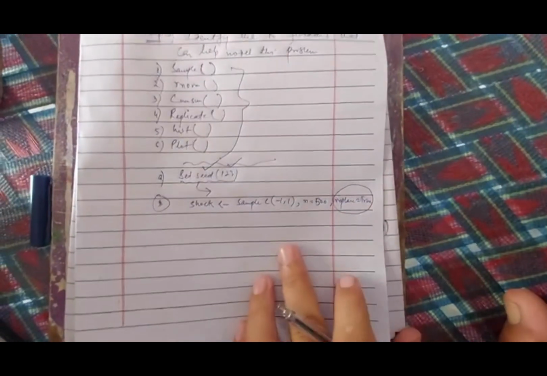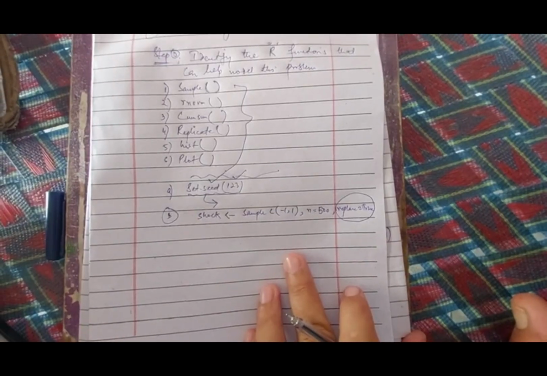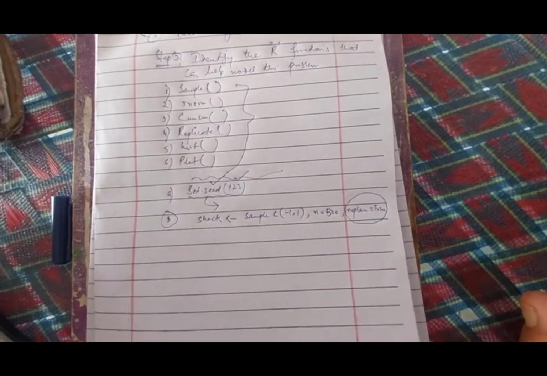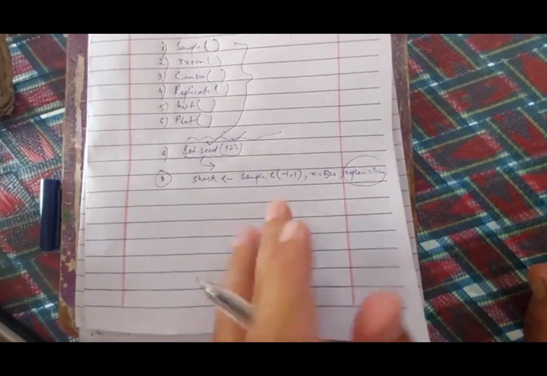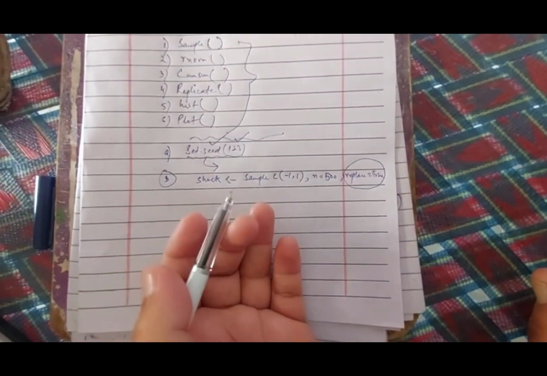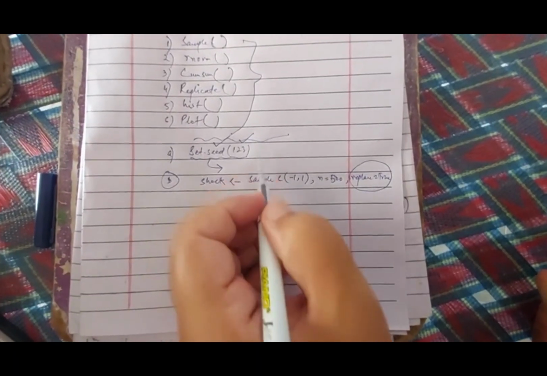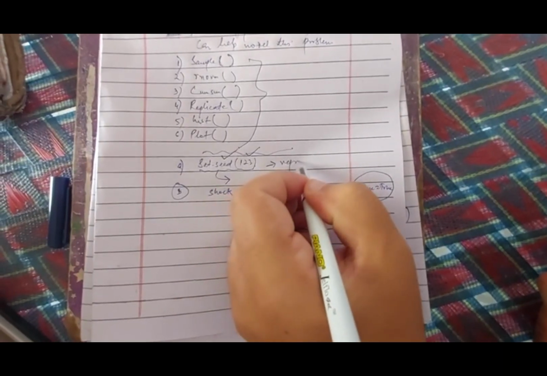A person can move consecutively 2 steps backward or 3 steps backward, so it is totally random. So the replacement is true. Let me also explain this code that I wrote here. The seed, I told you, is for reproducibility.